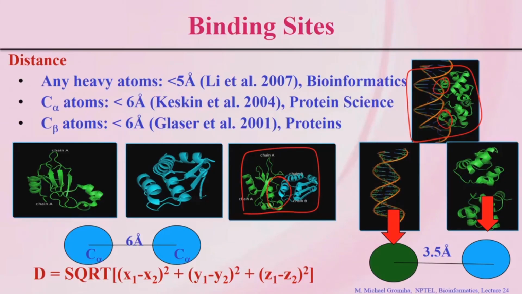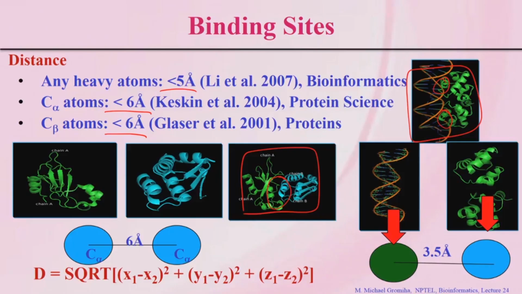For example, if you take the C alpha atoms, generally they use a distance of about 6 angstrom. In the case of C beta atoms, here also 6 angstrom is used, and for any heavy atoms that depends upon the type of the complex; you can change the distance. For example, let us say 5 angstrom for any heavy atoms.